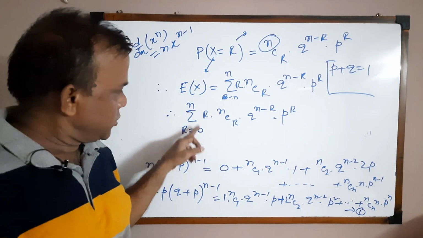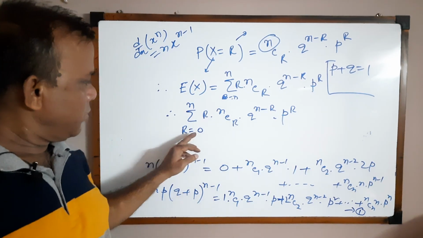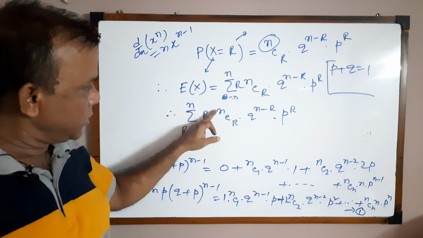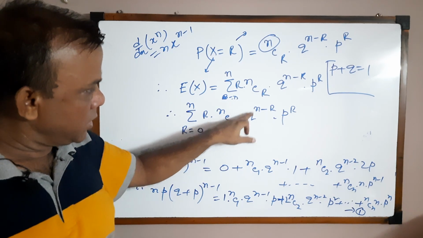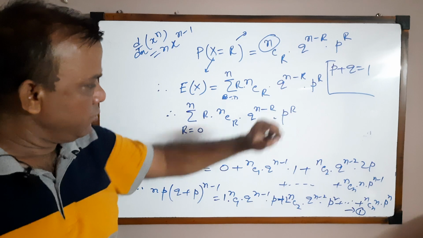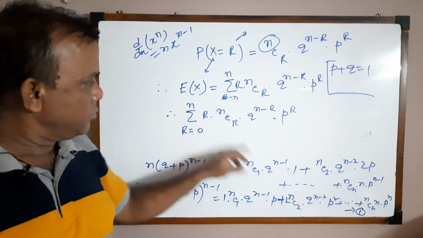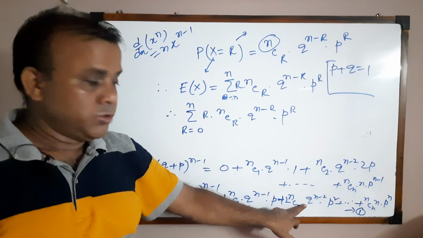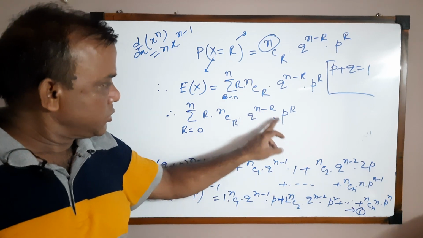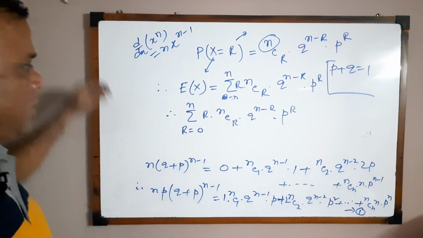When r equals 0, 0 into something is 0. When r equals 1, 1 into nC1 q to the power n minus 1 into p to the power 1. When r equals 2, 2 into nC2 into q to the power n minus 2 into p square. Okay.